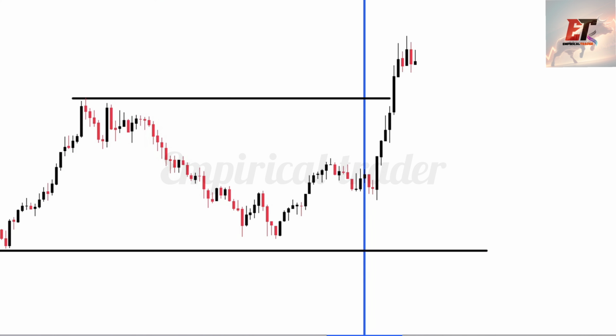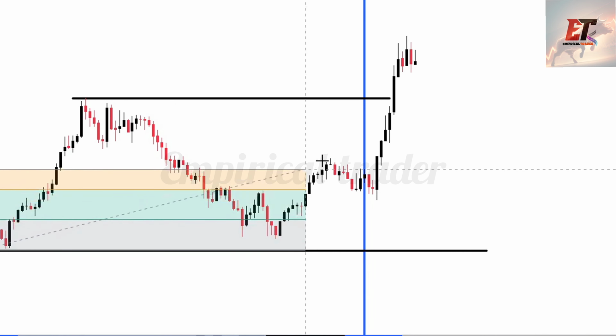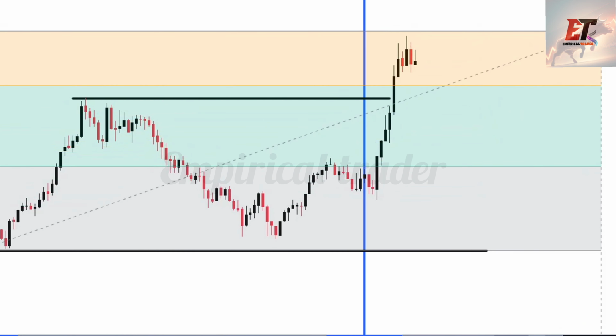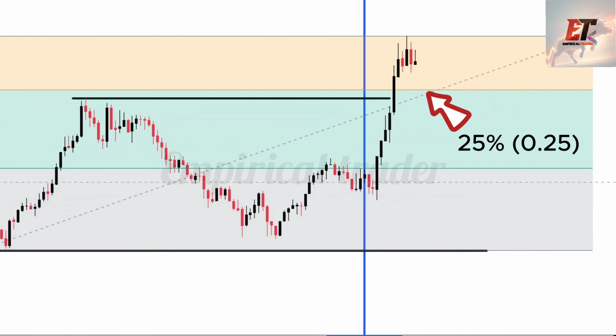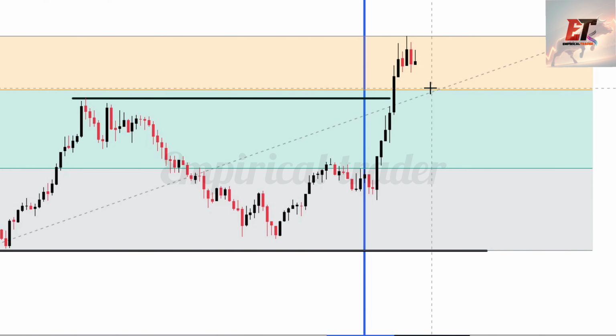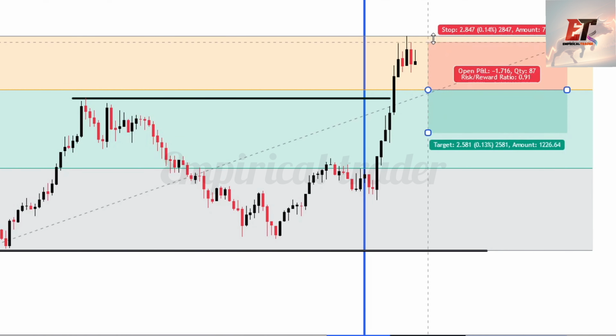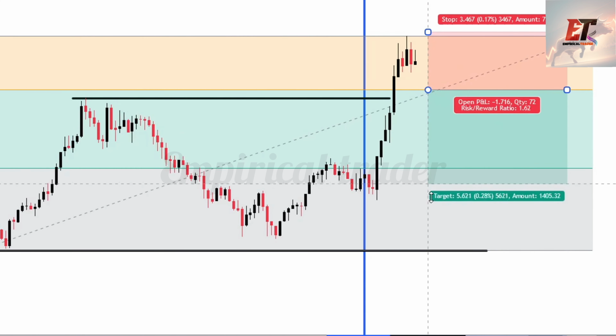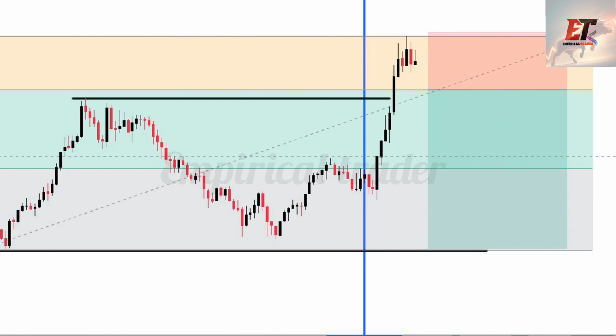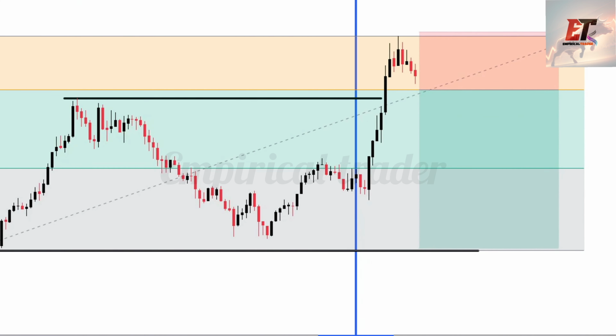In this example, we will show how the FIB can be implemented. We take it from the lower liquidity point to the current swing high, and we mark the 25% retracement level. If we get a closure below, we short with the stop loss above the high liquidity level and take profit to the low liquidity level.